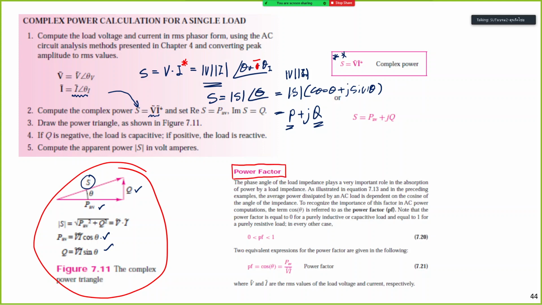The power factor is the fraction between real power P and the complex power or apparent power S. So the power factor is the ratio between P and S. It means how much P compared with S, and the power factor is usually less than 1, right? It cannot be more than 1, because P cannot be more than S. Therefore, power factor cannot be more than 1 here.